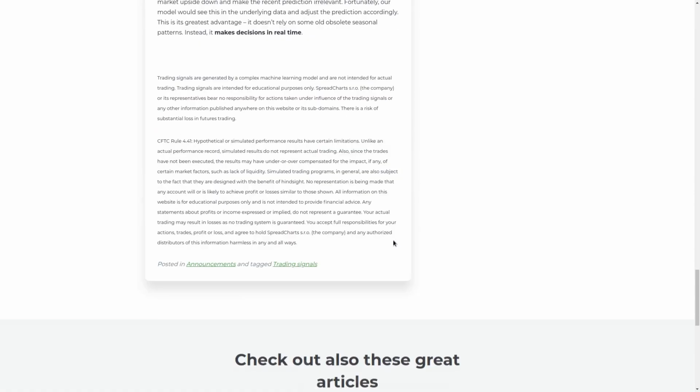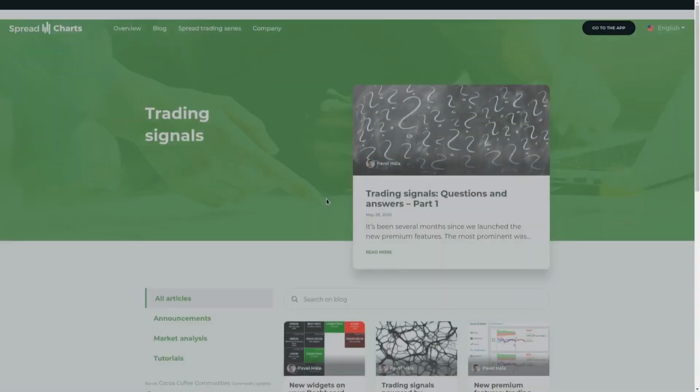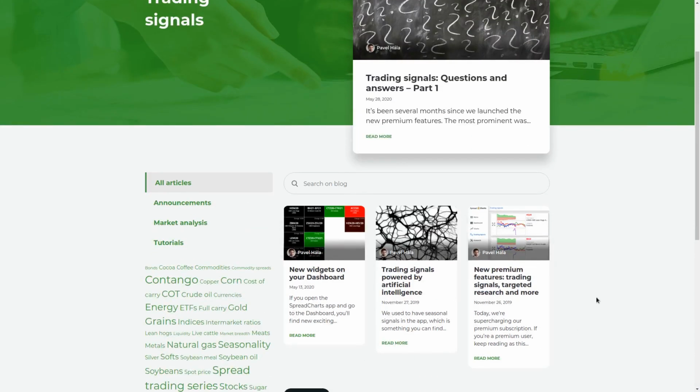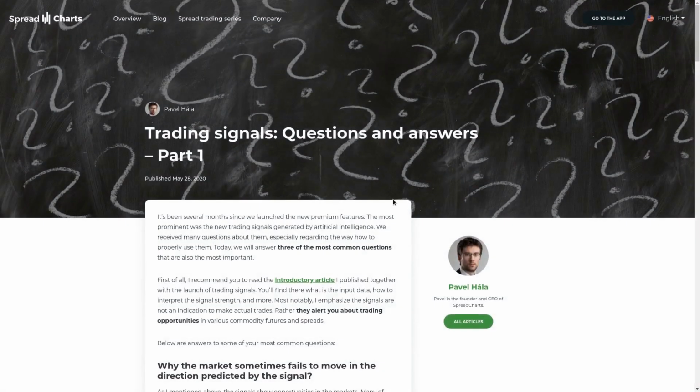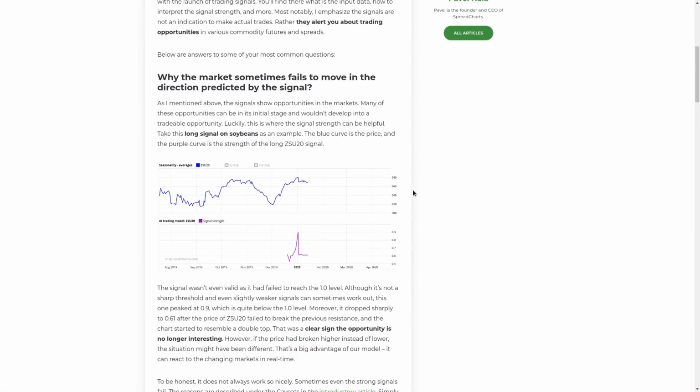If you click on the tag associated with trading signals on our blog, you will see all the articles we published about the signals. I would especially recommend this one, the frequently asked questions, where we explained the way to work with the signal strength.